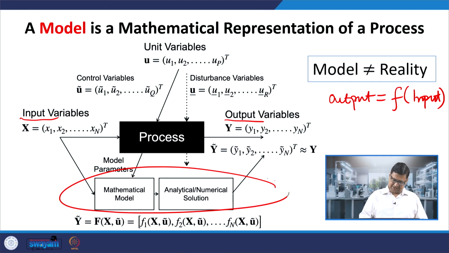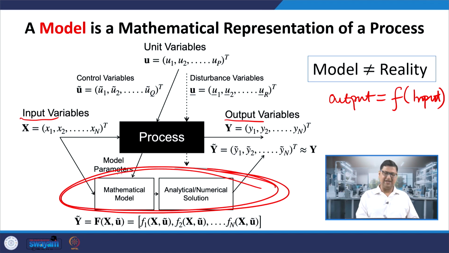So we can construct a mathematical model and then solve it, and in that sense I can predict what the output is going to be for a given input. But that prediction depends on the assumptions I make in the model. There is no guarantee that the output I get from this mathematical model will exactly match the output I am getting in the actual experimental process.